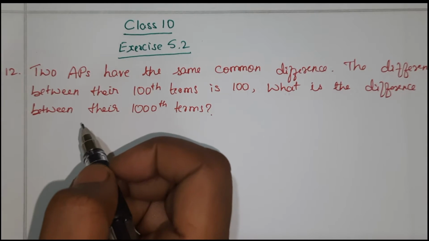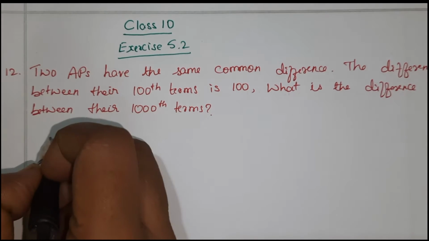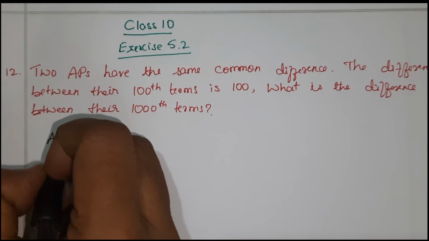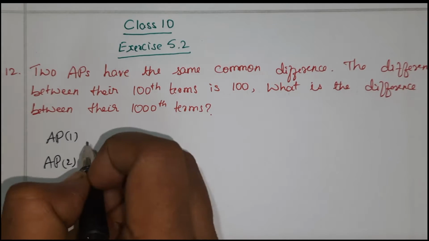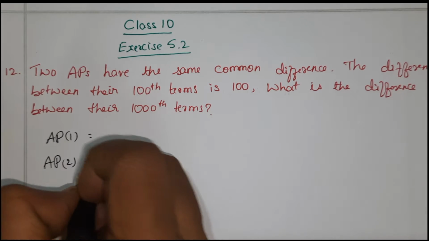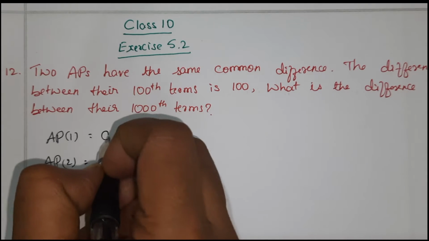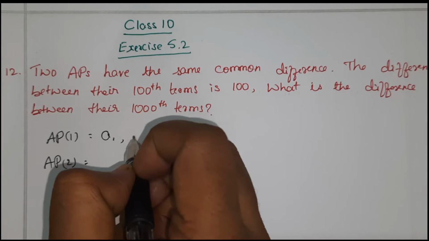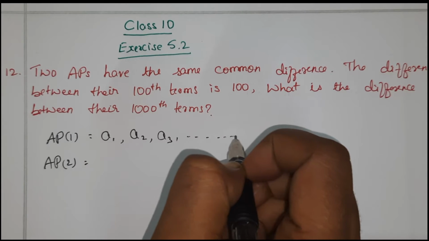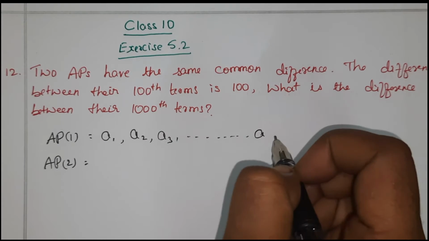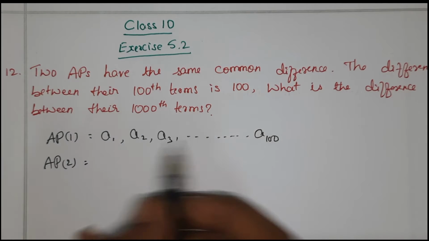Now let us name our APs as AP1 and AP2, and their terms as A1, A2, A3, till A100, which is the nth term.